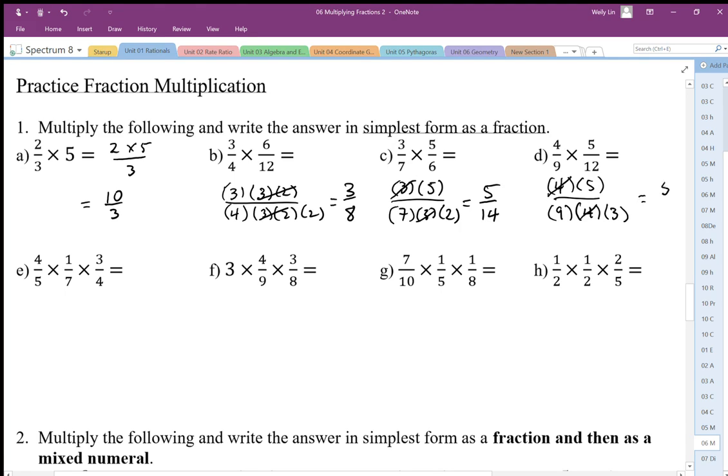So we have times by 5, divide by 9 times 3, or divide by 9, divide by 3 is going to give us divide by 27. Okay, so there's our simplified fraction. And when we cancel factors like this, we can see that we have no more common factors to simplify, so we know that's simplest terms.